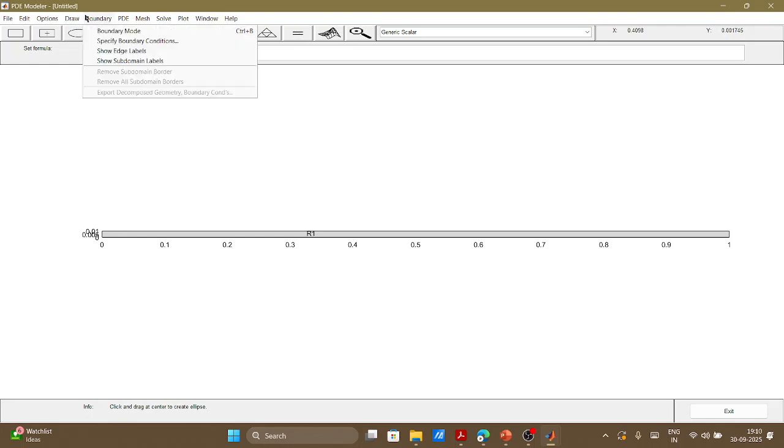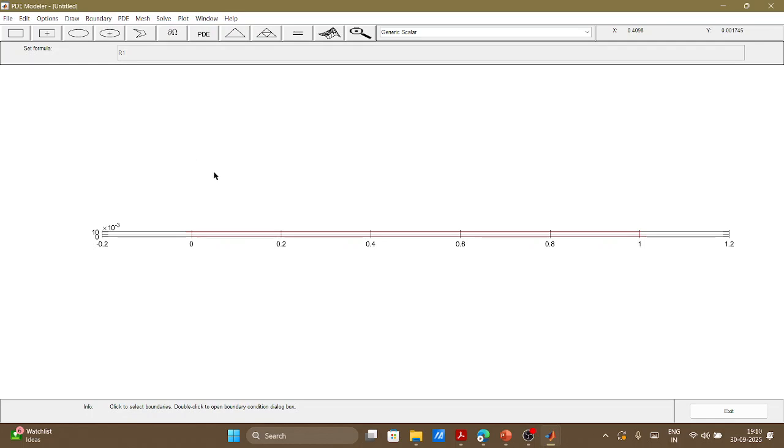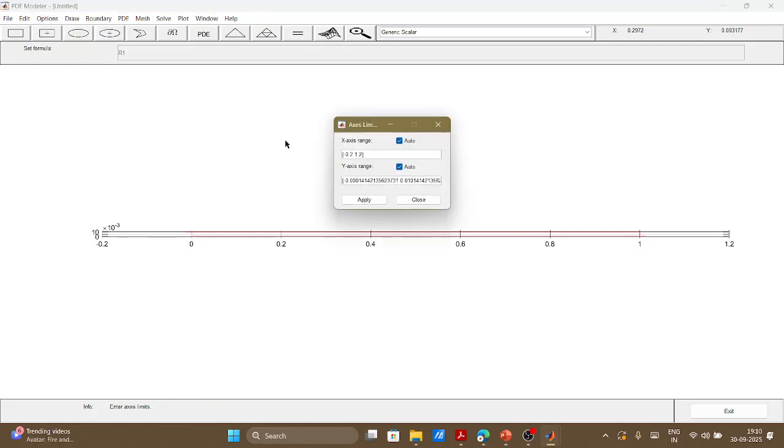Then to provide the boundary condition of your problem, you have to go into the boundary mode. This is very small, so let me change the axis limit anyway. 0.3, this to minus 0.3, and apply.